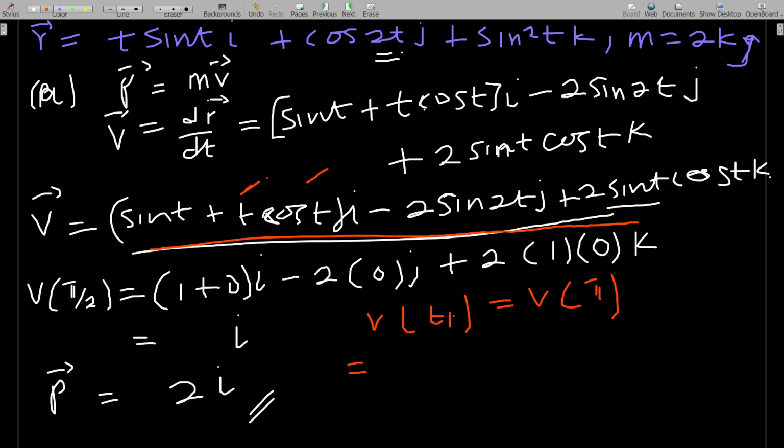Pi cos pi is minus 1, and so that will give you minus pi I. The sine of 2 pi here is also 0, so I have plus 0 j. Then sine of pi is 0, so I have plus 0k. In effect, v of t1 is equal to minus pi I.